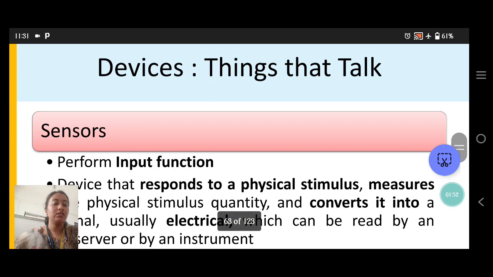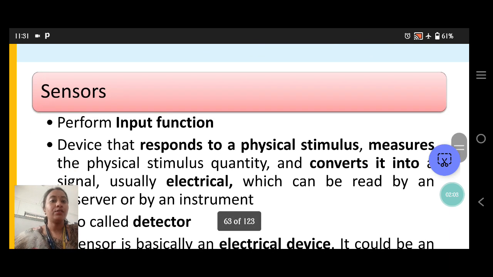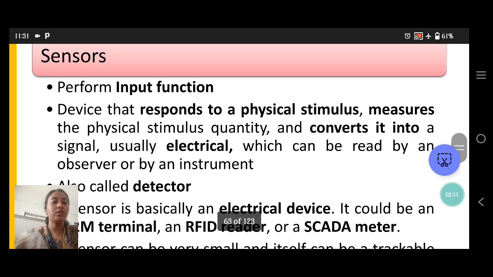In these devices, things that talk perform an input function, like a device that responds to a physical stimulus, measures the physical quantity and converts it into a signal, usually electrical, which can be read and observed by an instrument.